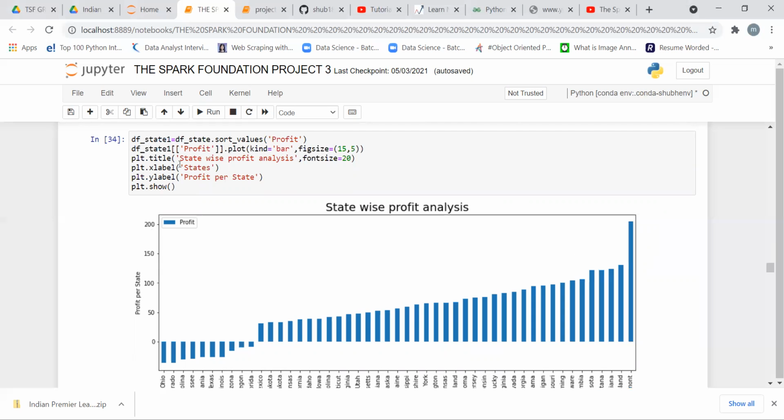Okay, so we use a bar chart, and the title is state-wise profit analysis, font size is 20, and the X label is the state and profit per state.